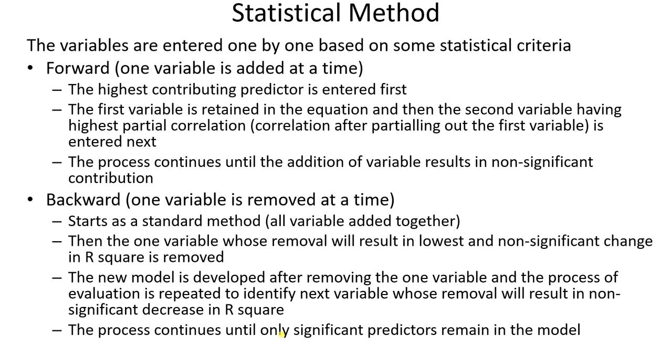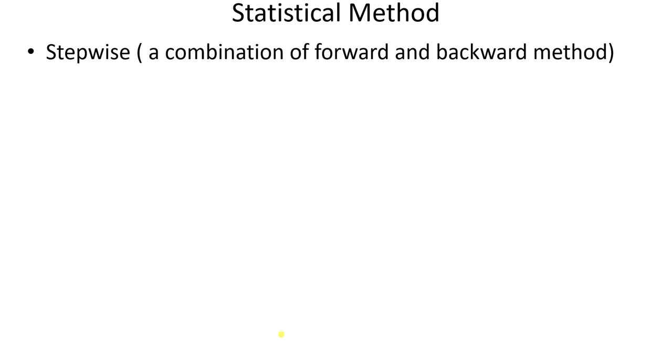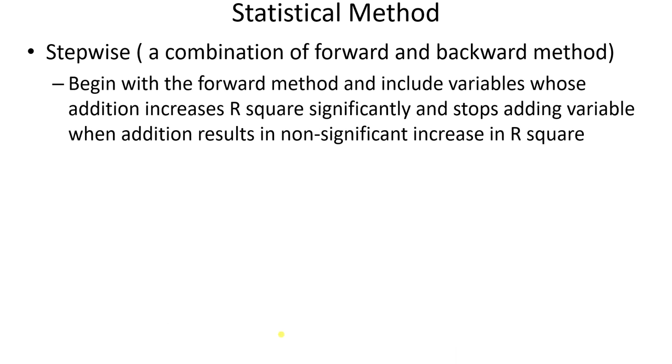But the most widely used statistical method is called stepwise regression. Basically, it is a combination of both forward and backward methods. Many times I have seen that many students confuse the stepwise method as basically a forward selection method. No, it does both the forward selection as well as backward.